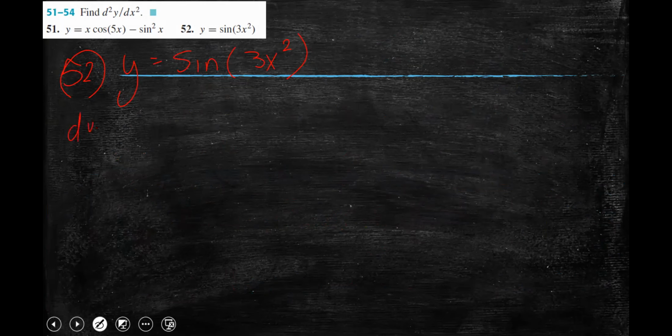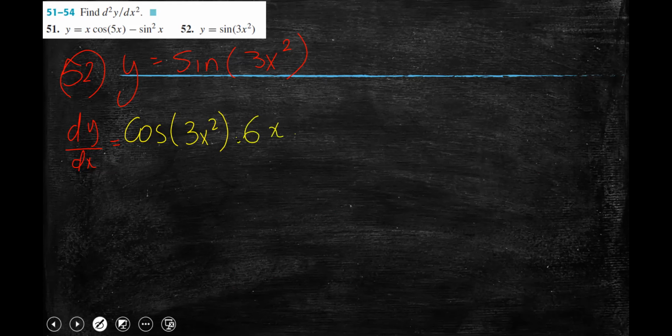The first derivative will be the derivative of the outside times the derivative of the inside. What is the derivative of the outside now? Cosine 3x squared, times what is the derivative of 3x squared? 6x. Yes, thank you.